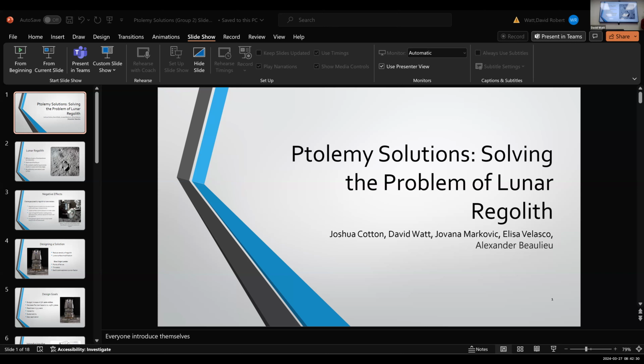In the highlands, we have like 10 to 15 meters of regolith. In the Marias, it's more like 5 meters range. Then we also have a lot of macro features on the moon, such as mountains, ridges, and valleys, and then micro features such as the craters that are everywhere, and then those boulders, like I said before. So all this ununiformity makes it a little difficult to choose a landing site, and then the regolith itself.